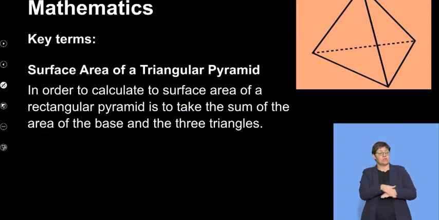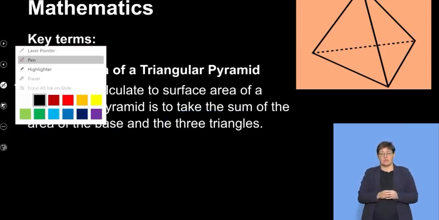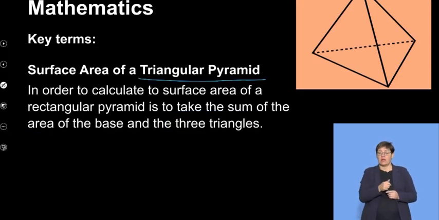Now we're going to look at the surface area of a triangular pyramid. So the main difference with this one, with the previous slide, is my base is now a triangle. It's not a rectangle anymore. So we have the triangle at the bottom, and then the pyramid is comprised of 3 more triangles.